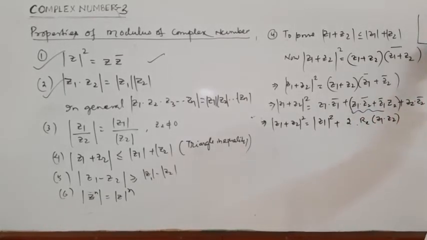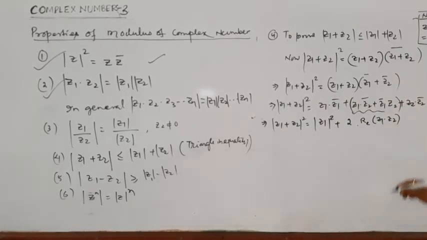You should remember this: z1 z2 conjugate plus z1 conjugate into z2 is equal to 2 into real part of z1 z2 conjugate. You have to verify this; this is a formula.